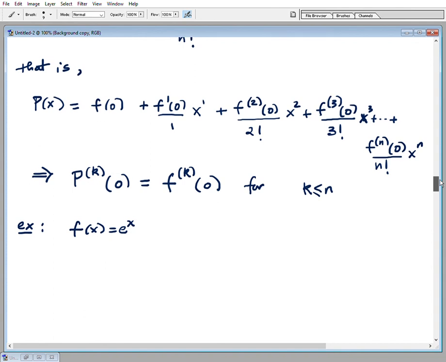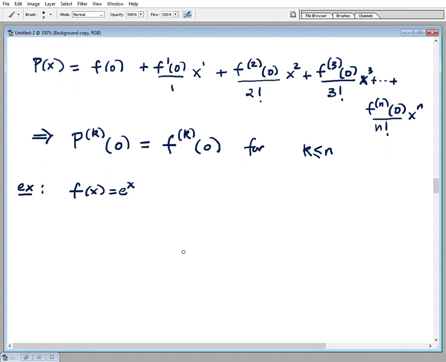So if we take f of x equal to e to the x, we have f prime of x, the second derivative, they're all equal. All the derivatives are equal to e to the x.